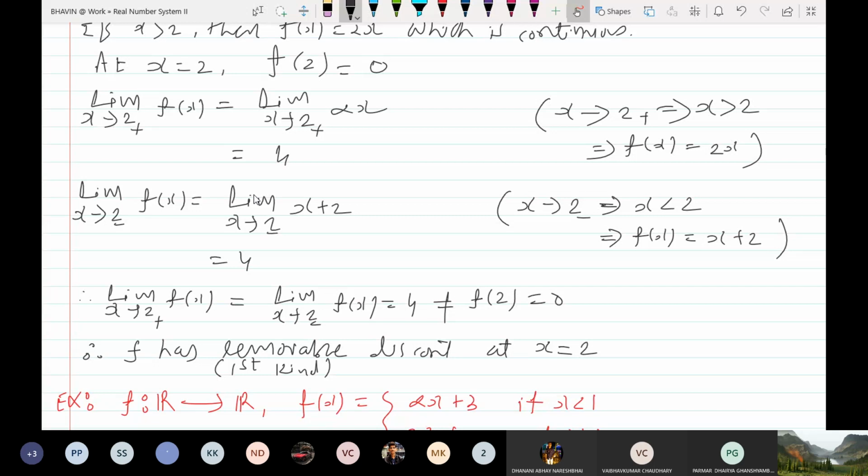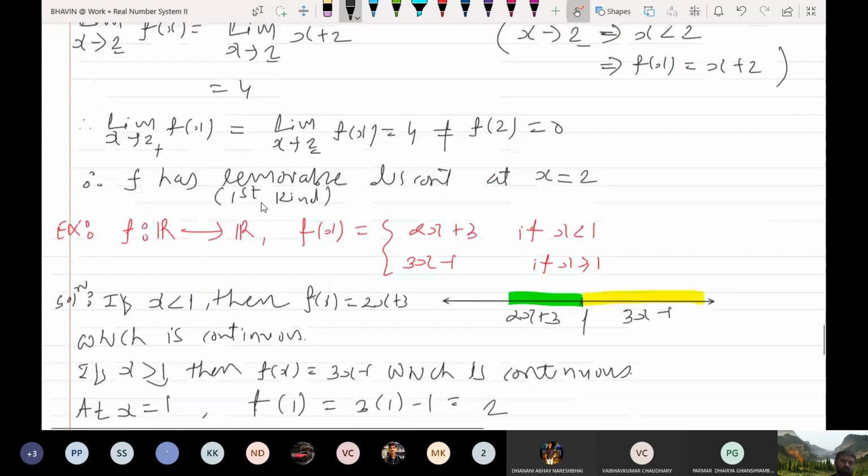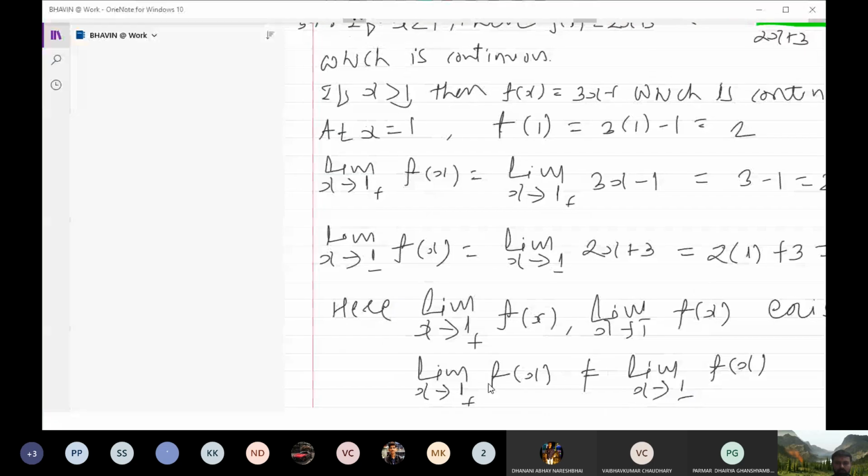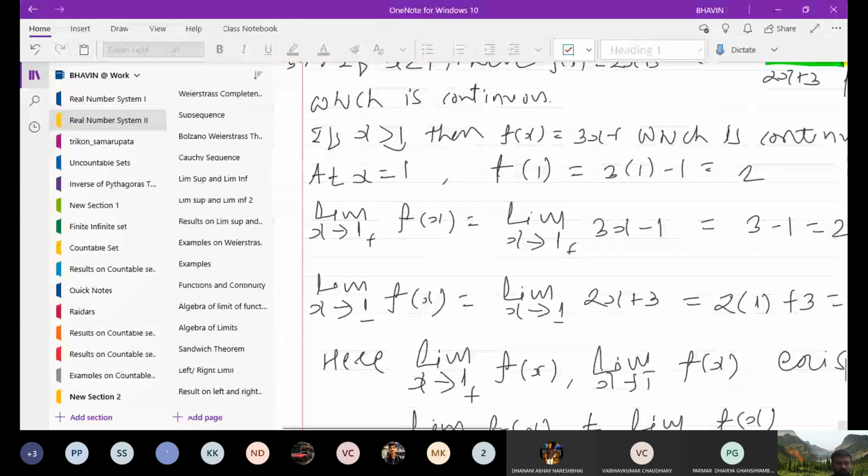Next time we will discuss some different types of examples of discontinuous functions. So this is about types of discontinuity. So this is an important topic. There is one practical from this portion also. Okay. So we stop our discussion here.